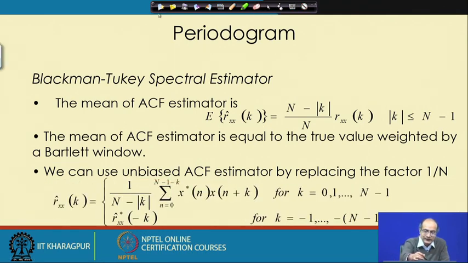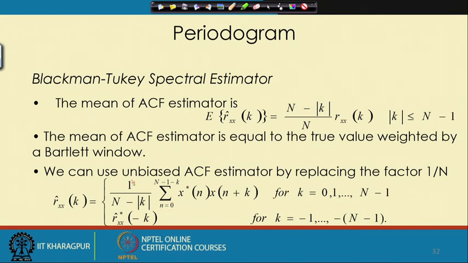Here is the new formula: the new estimated autocorrelation we can take as a summation of the terms within the given sequence. Please keep in mind, we cannot increase the number of terms here, because we have values of x n for n equal to 0 to capital N minus 1. That means n terms are there. There is no way to increase this.